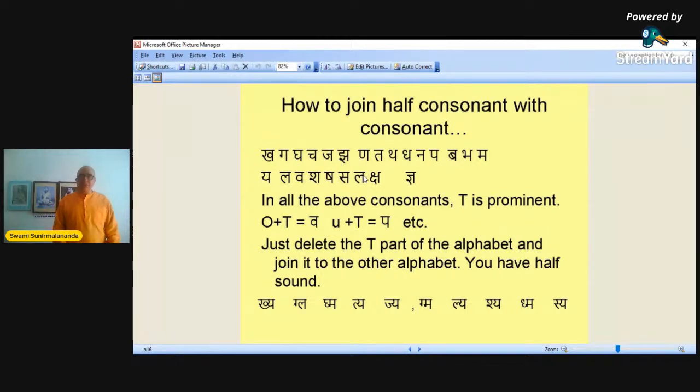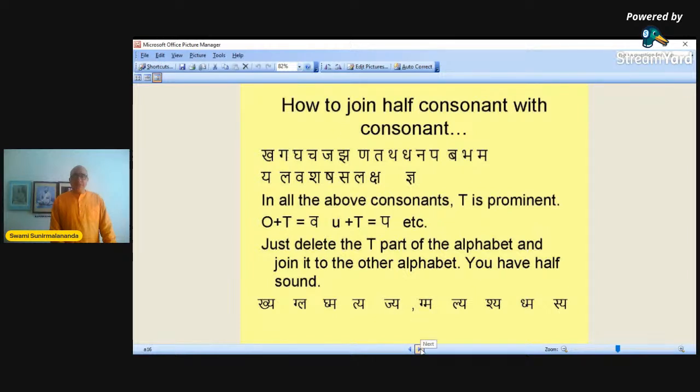And those sounds are very important in the formation of words. For example, tyaga, renunciation. When you write tyaga, you don't write it as ta, ya, ga. Not that way. Half of T, tya, and ya. So therefore, you need to learn this, and it is very easy once you know that you have just to remove the T part.